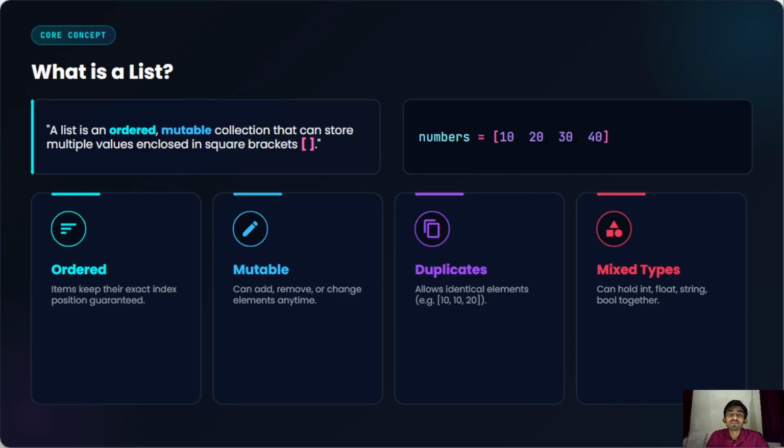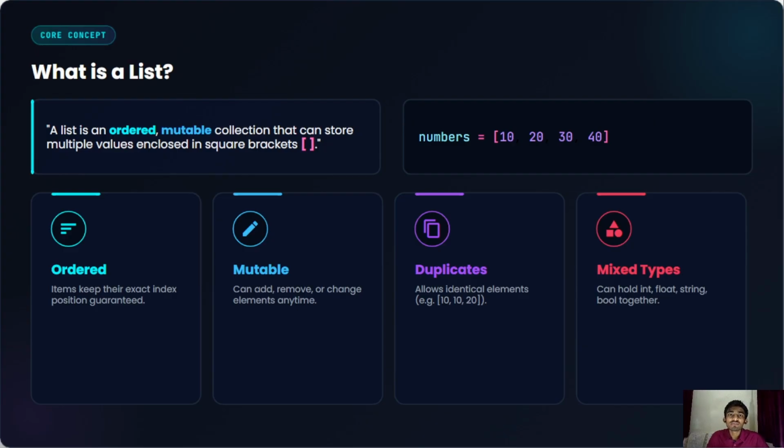The second is mutable. Mutable means that, unlike some other data types, a list allows us to modify its contents. We can add new items, remove previous ones, or even replace them with new values. We will practice this soon, don't worry. Another key feature is duplication. Duplication means we can store the same data value multiple times.